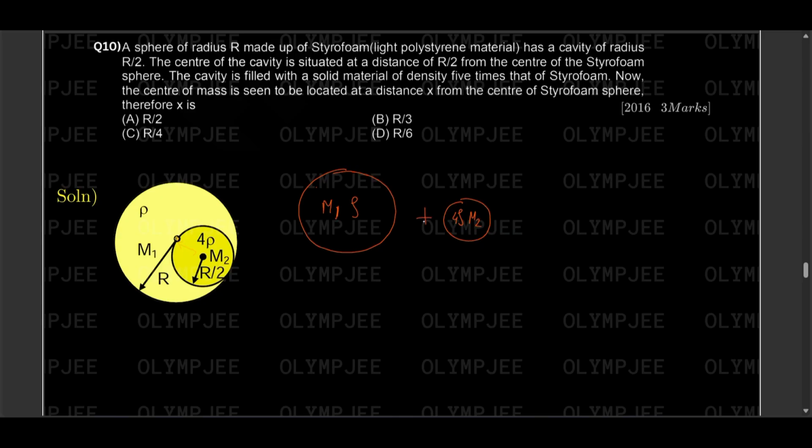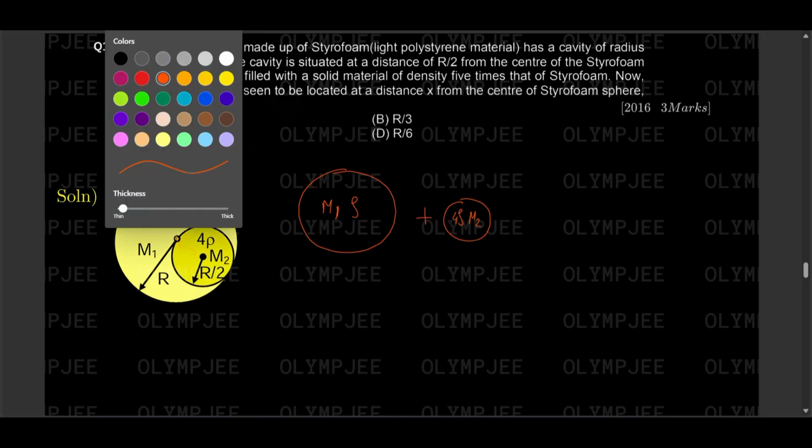Superposition of these two shapes. We are neglecting the cavity part because instead of 5 times the density, we have taken 4 times the density. This would reduce the number of calculations.